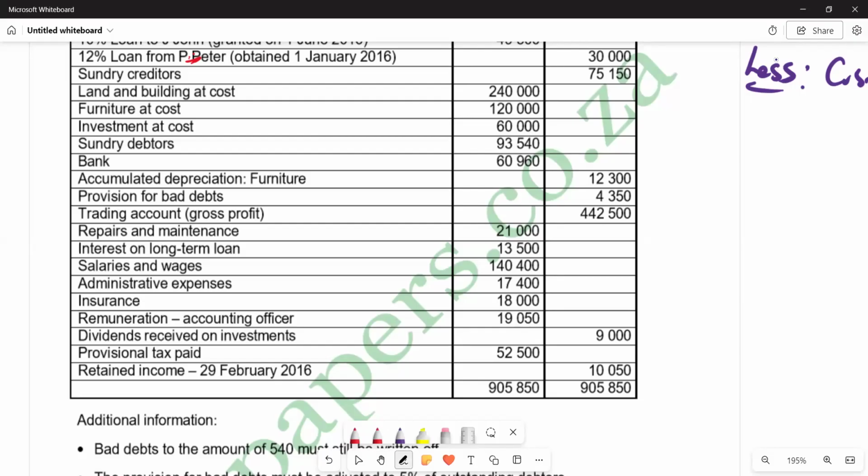If you come here, you would see that we are given the figure for the trading account, which is our gross profit, at a figure of 442,500 here. So exactly this figure is the one that is going to lead us to the calculation of cost of sales. So it means we can leave cost of sales blank and then we go to gross profit.